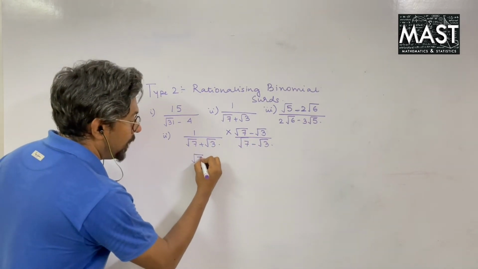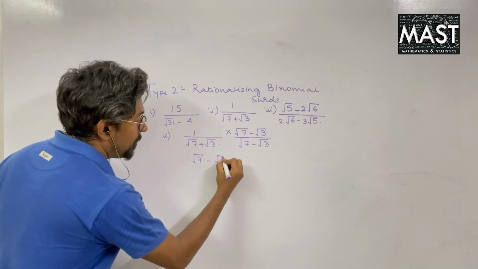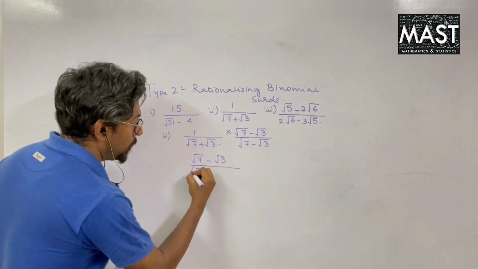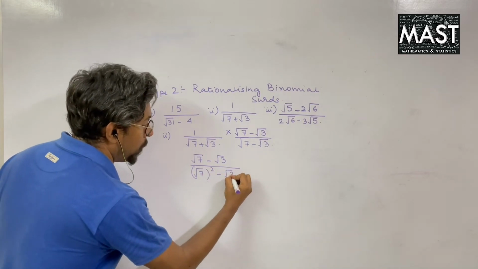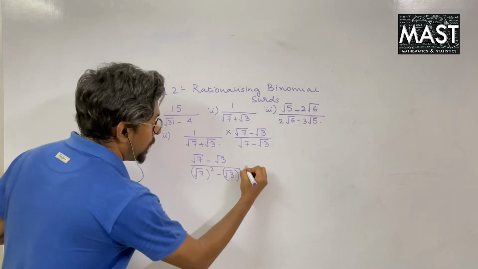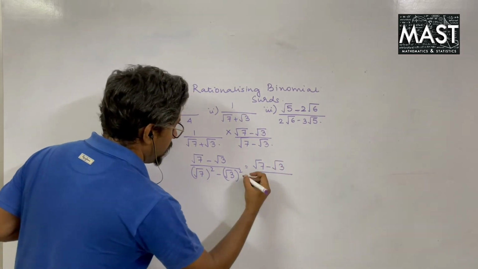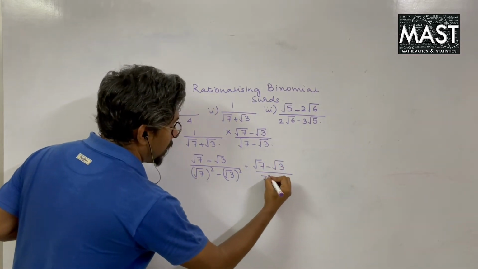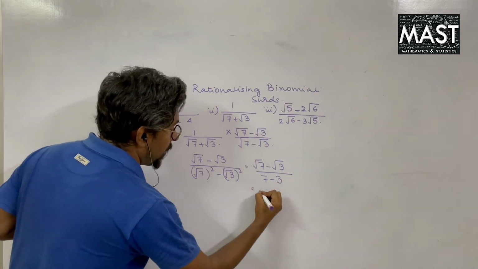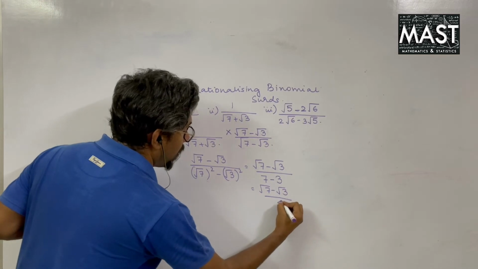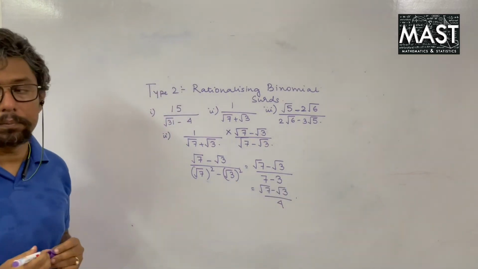So we will have in the numerator root 7 minus root 3. In the denominator we will get root 7 whole square minus root 3 whole square, which is 7 minus 3, which is 4. That means root 7 minus root 3 by 4 will be the answer.